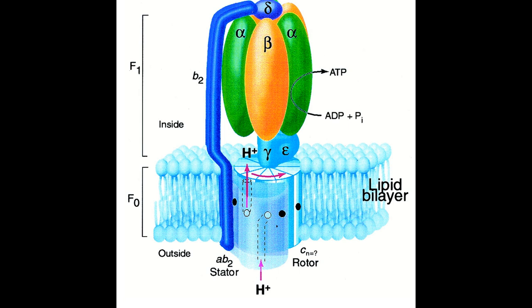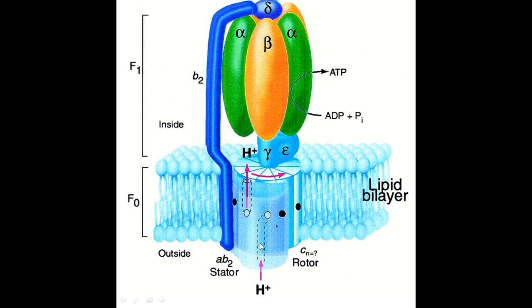So per the protonation of 3 aspartate amino acids, there is a complete rotation of 360 degrees. By the time we get that 360 degree rotation, the first aspartate will get here, and when it gets here it will deprotonate and release that hydrogen.